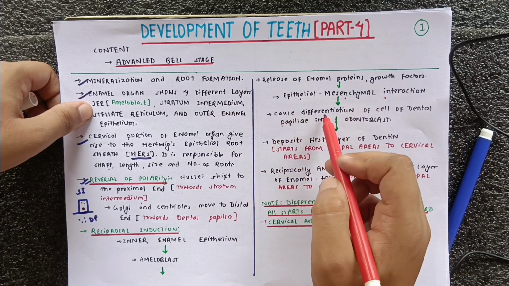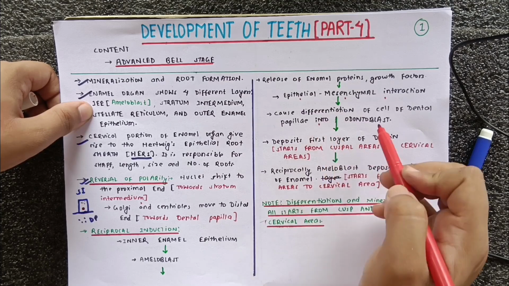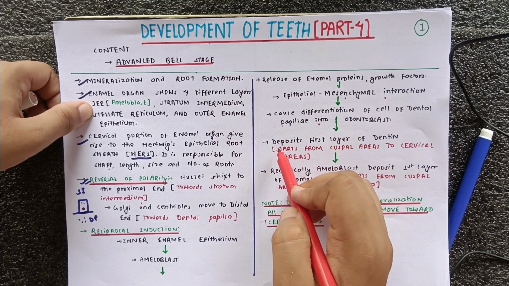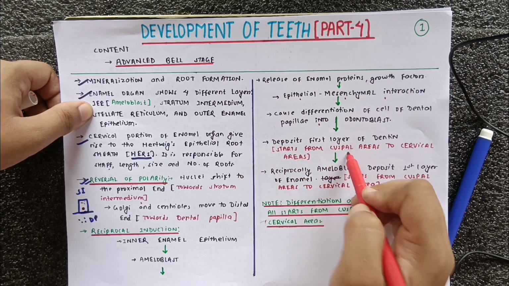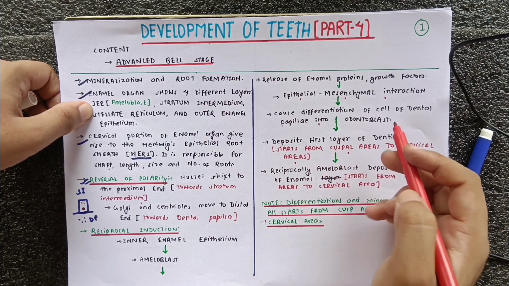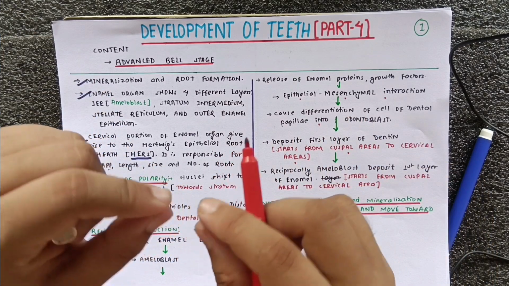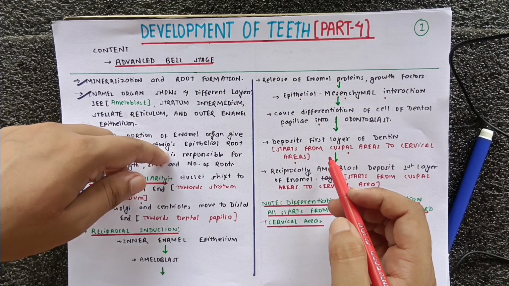After that it causes the differentiation of the cells of the dental papillae into odontoblasts, and after the formation of odontoblasts it forms dentin, depositing the first layer of dentin, starting from the cuspal areas towards the cervical areas. Cuspal areas means from the cusp tip towards the cervical areas, and I will be explaining this.